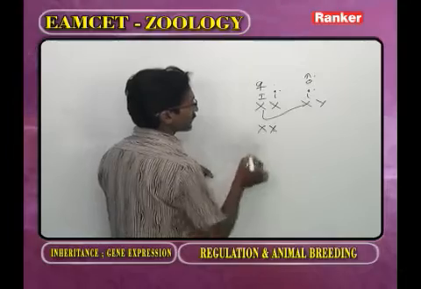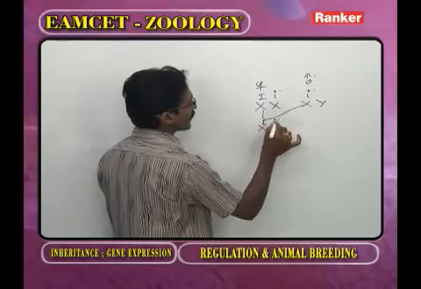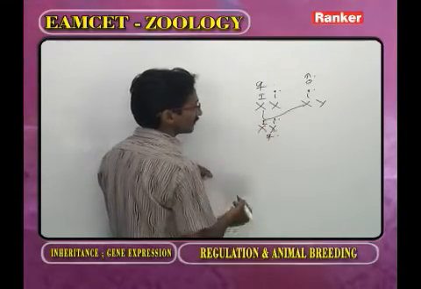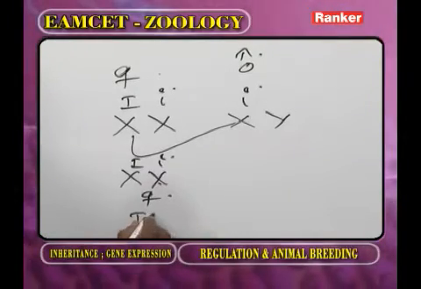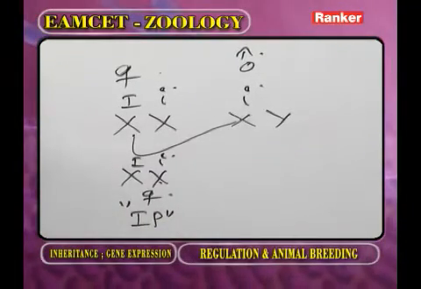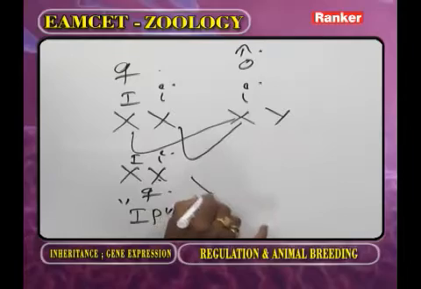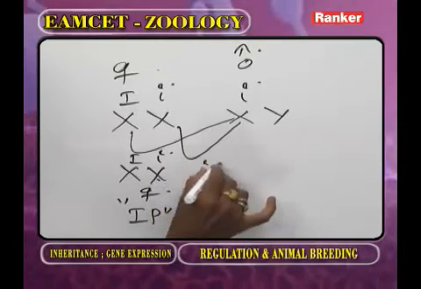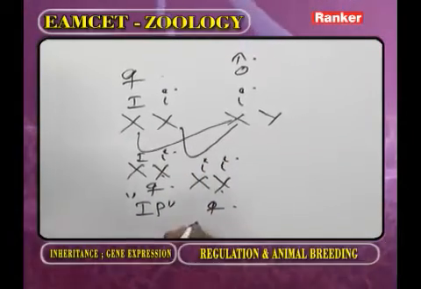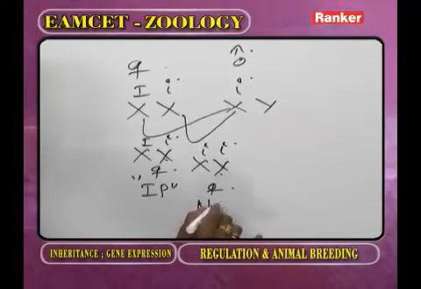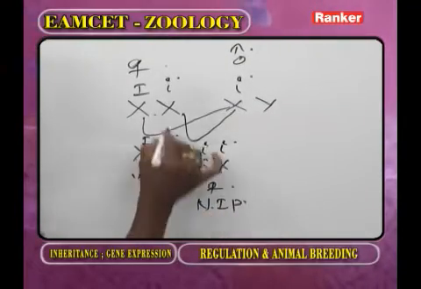Capital X, capital X, capital I, small I: XX, female. Now this female has incontinentia pigmenti. Okay. Now we go for this cross. Small I, small I. This is female, but no incontinentia pigmenti. N means no incontinentia pigmenti.